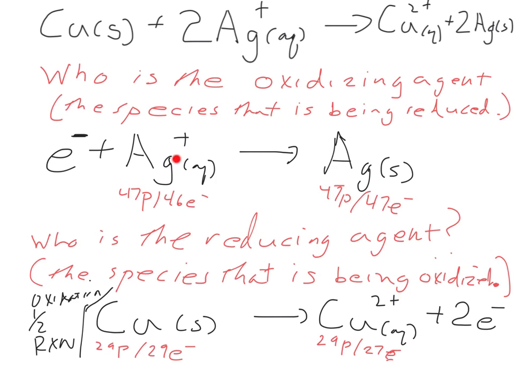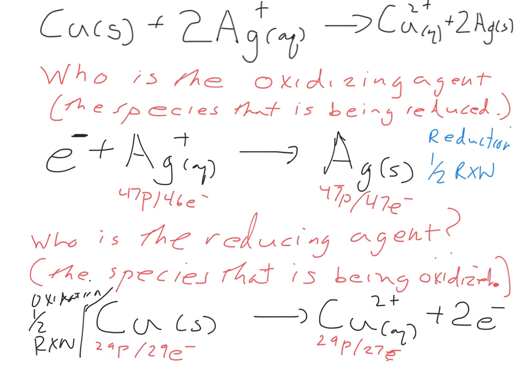And this would be the reduction half reaction. Looking at the half reactions in oxidation and reduction is going to be very important. Matter of fact, a significant portion of this lecture will be spent on how to write and develop and balance those half reactions.